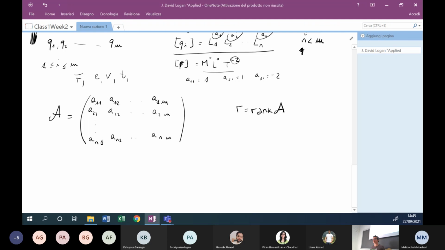The number of independent rows or columns. Okay? So this basically means that this matrix A, which has rank equal to R, has R independent columns or R independent rows.